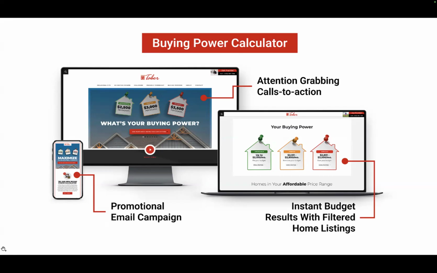So we're going to ask some simple questions. We're going to ask what your income is, what your monthly payments are. And it's just a short form, but it's going to return a monthly budget based on your information that is personalized to you. So, based on the information that you've given us, you could easily afford a $3,800 a month house payment.